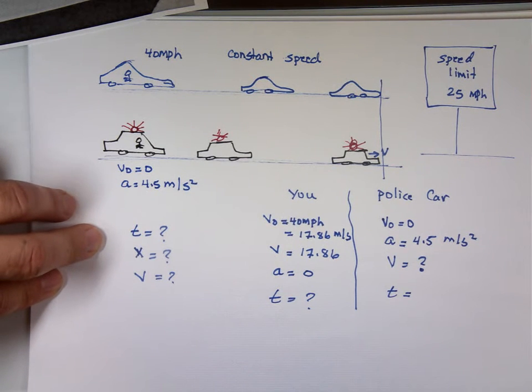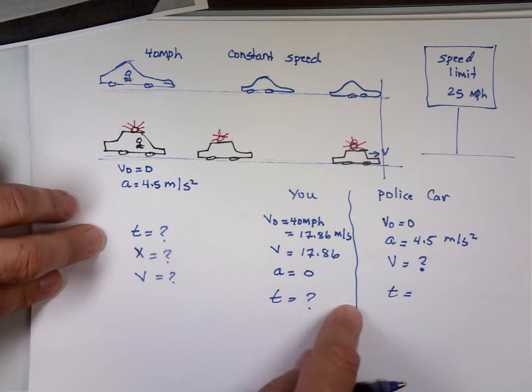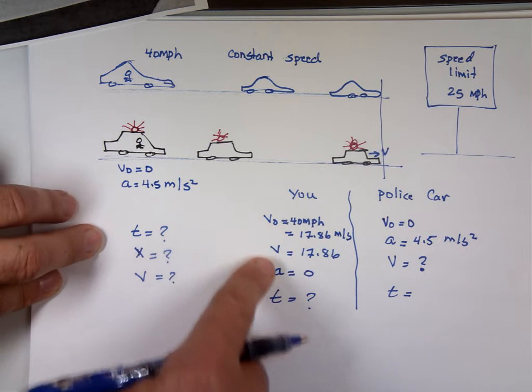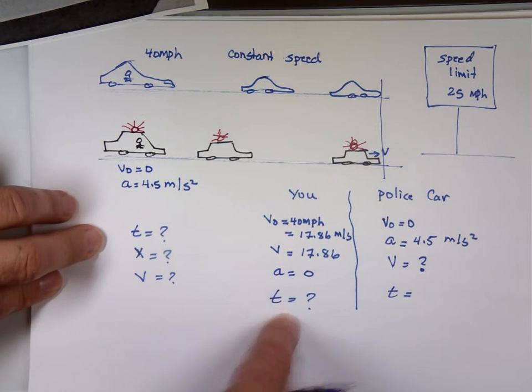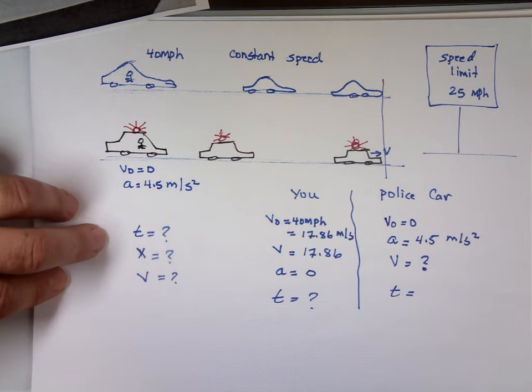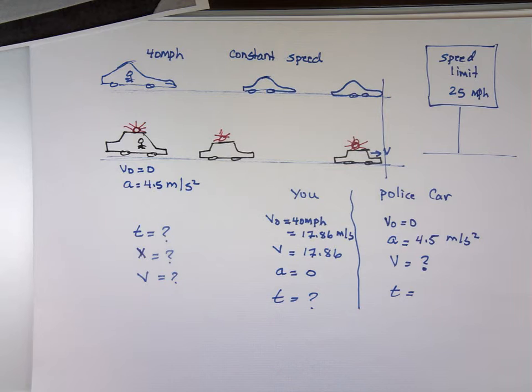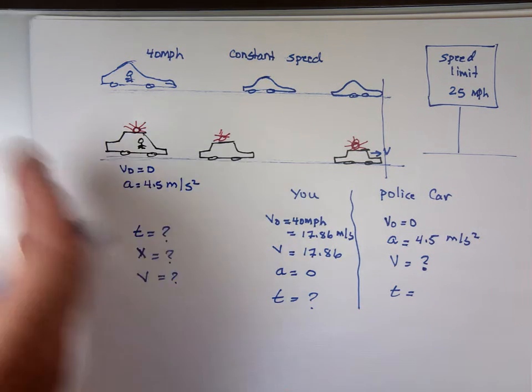So let's look at you here. We have the initial velocity, the final velocity, the acceleration. Can we get the time? Let's plug it in. Well, when the acceleration is 0, we got a problem.